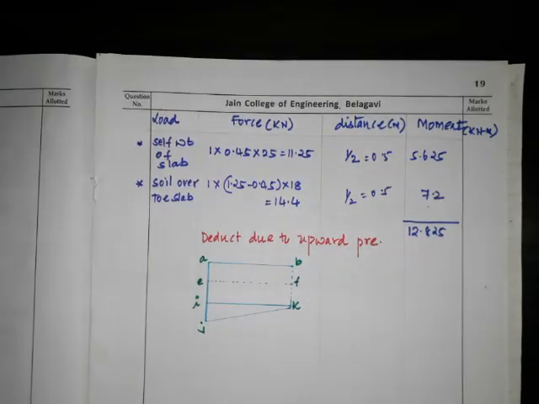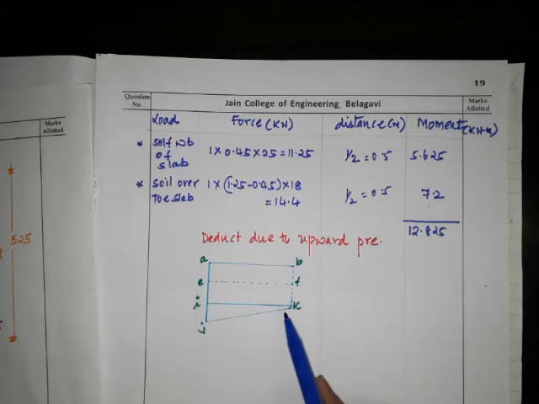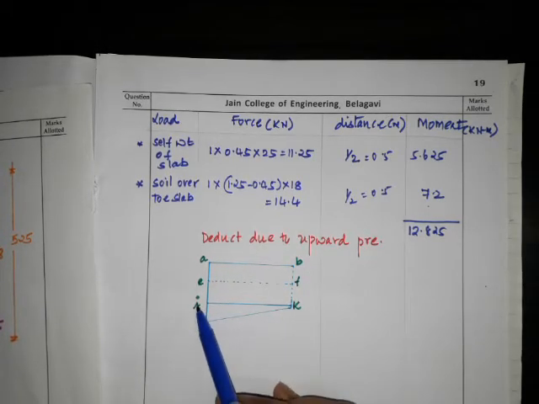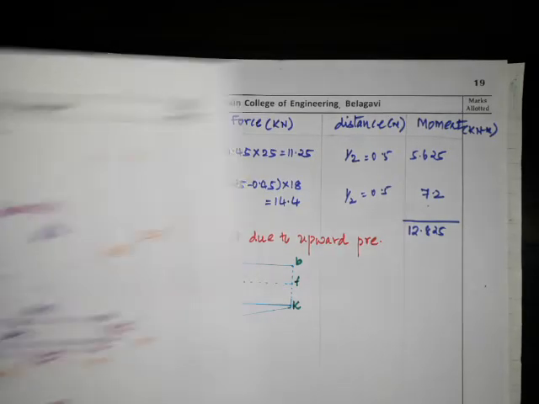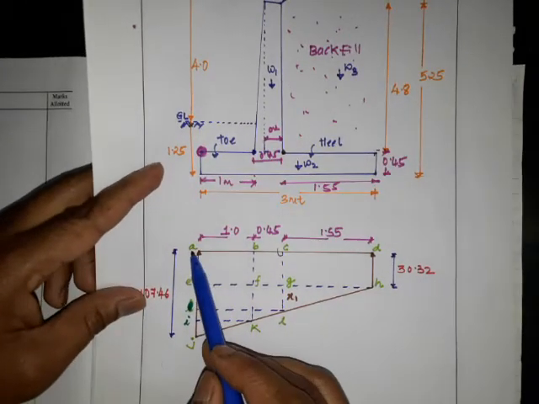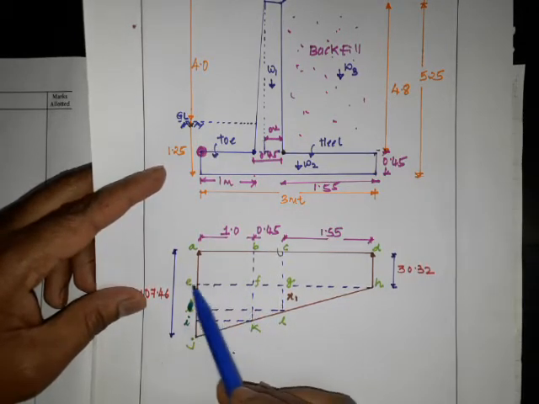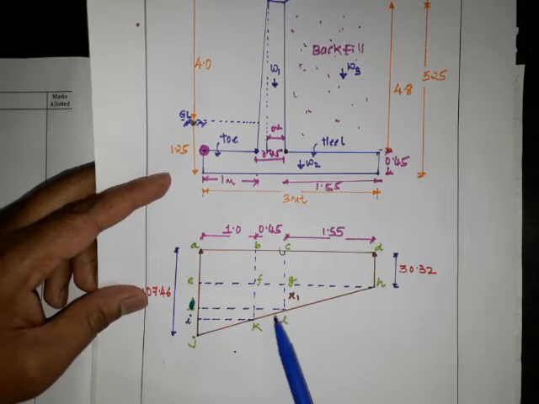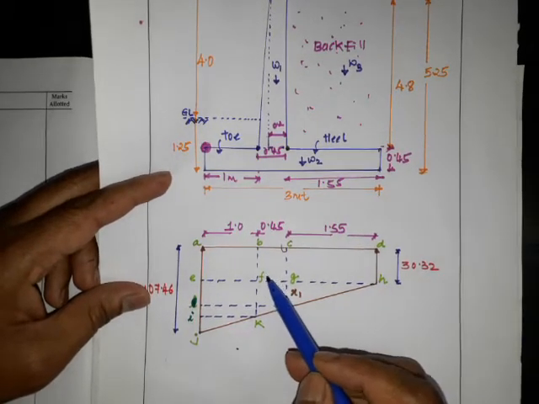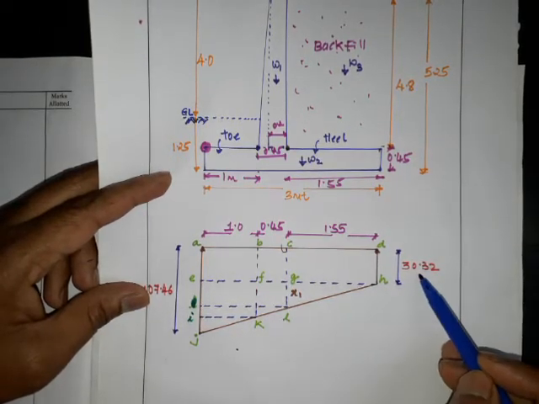Okay. So here you have to refer A, B, I, K and J, I, K. So I'll explain here. So A, B, E, F, I, J, K. Understood? So we have got already the height BF. BF is 30.32.